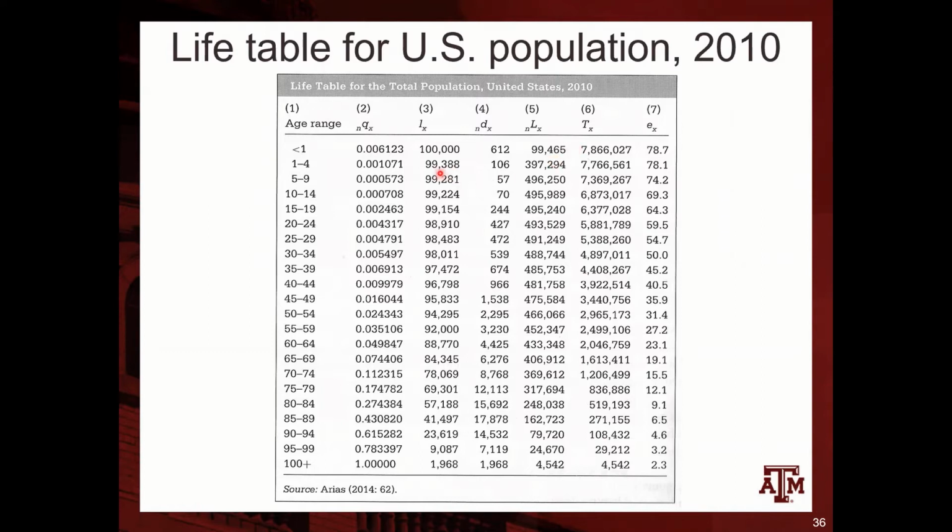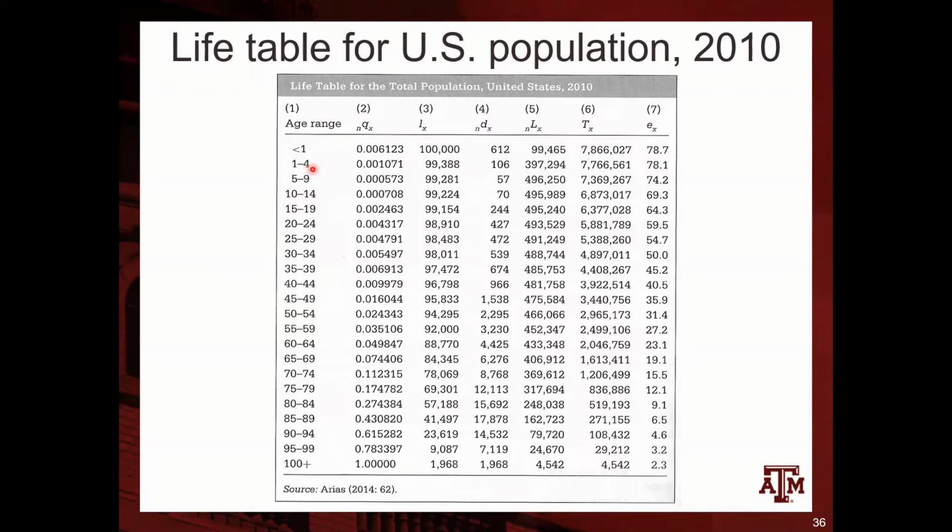These people here, 99,388, is the amount of people who enter that interval. They enter the interval of 1 to 4. Some of them died. But now the number of person years, it can be, if someone is alive at the beginning of the interval, is alive at 1, and continues alive until the end, how many person years will that person have lived?